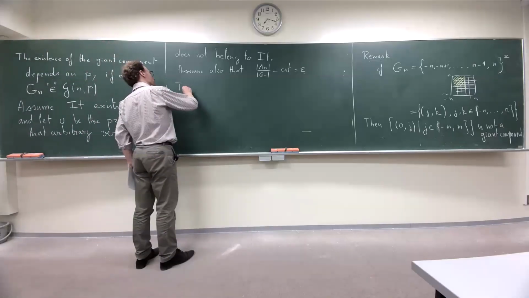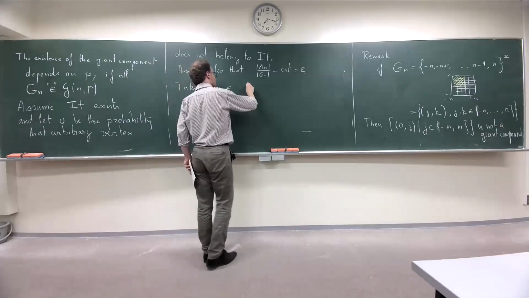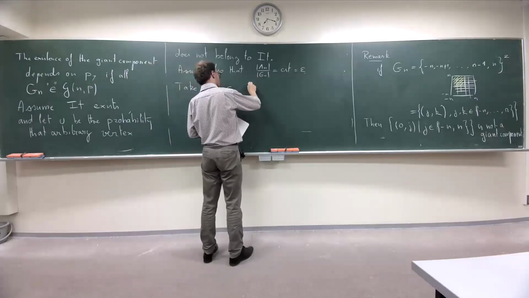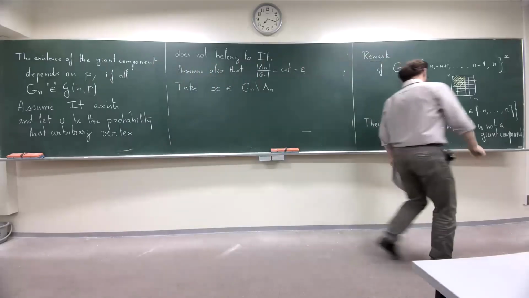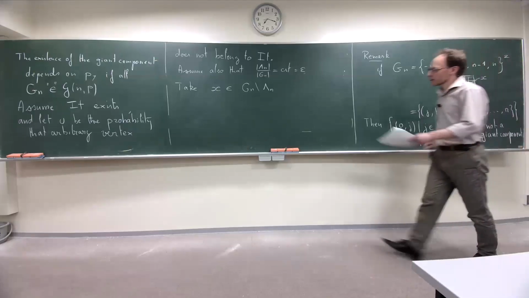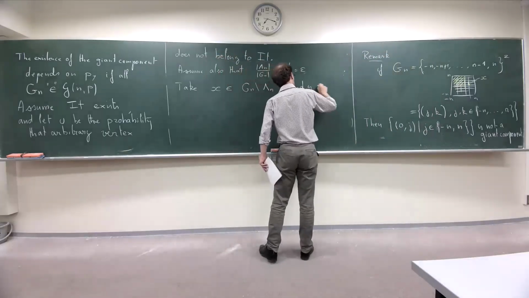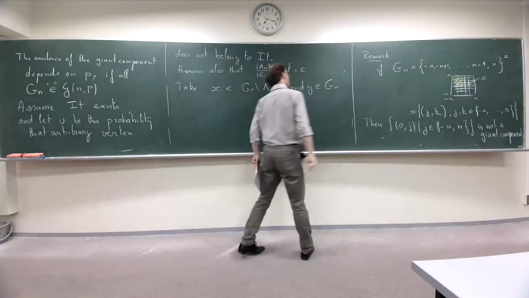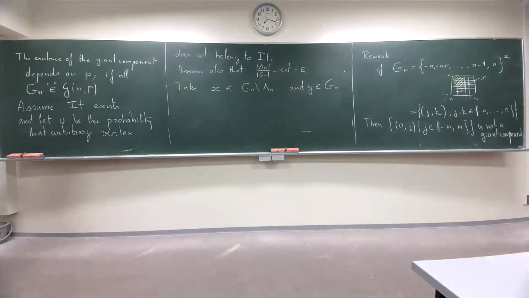So take X not belonging to the giant component, so in Gn minus Lambda n. This is my X. And I consider another point, Y, which belongs just to Gn. I don't know if it is in the giant component or not.